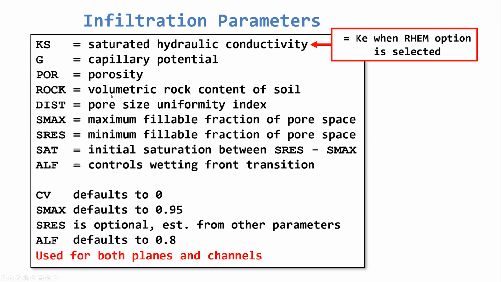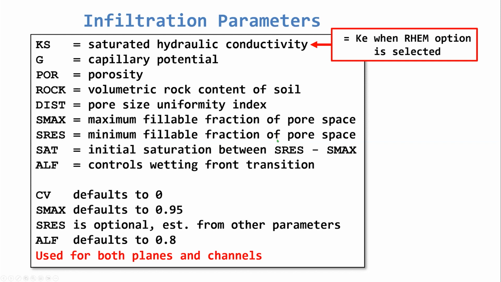In terms of initial saturation, in other words, how much of the pore space can be filled with water, you typically can't fill the pore space to 100%. And there are tables for these values by soil texture. So there's often an S max, and then there's often a minimum fillable fraction.